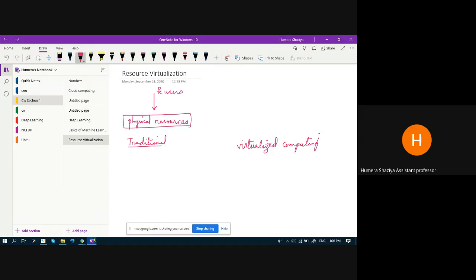This is the traditional computing environment. So, virtualized computing environment.